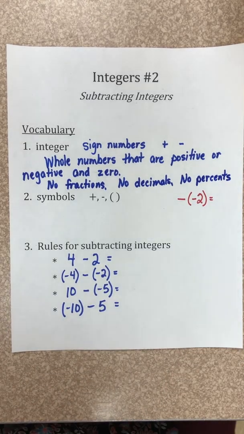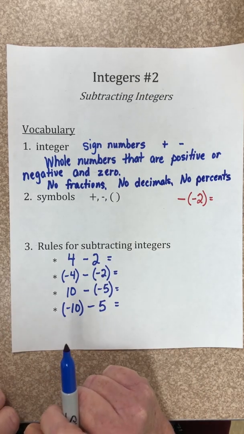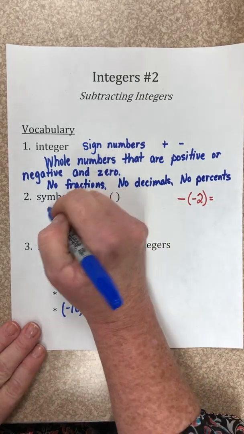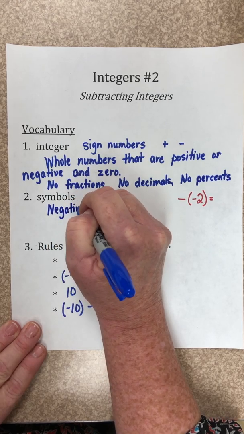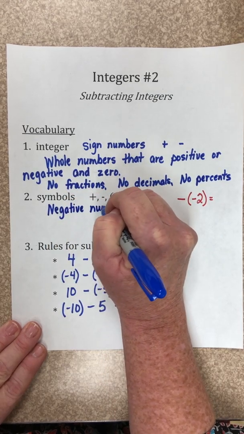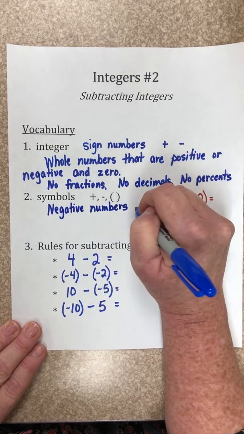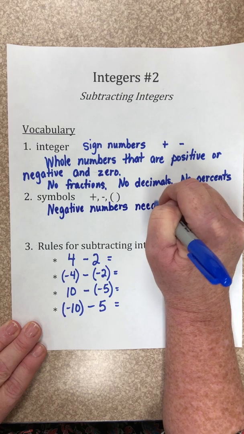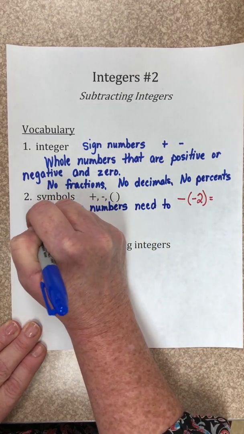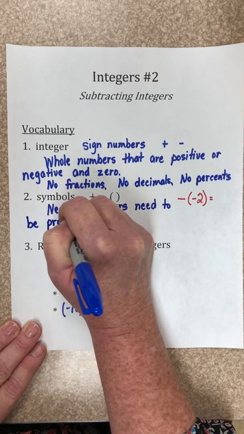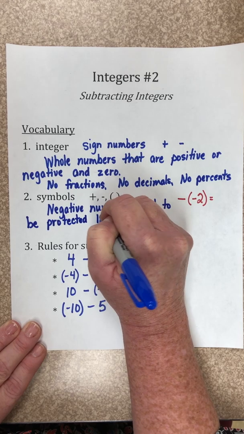The symbols that we use are the plus sign, the minus sign, and parentheses. Let's remember that negative numbers need to be protected, like a bodyguard.